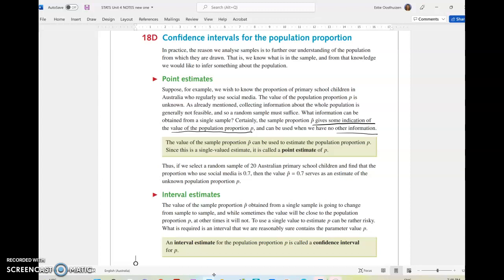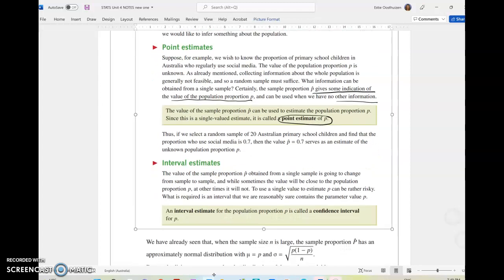So it's called a point estimate of P, because we only have this one piece of data. So for example, if we select a random sample of 20 Australian primary school children and find that the proportion who use social media is 0.7, then the value P hat of 0.7 serves as an estimate of the unknown population proportion P.